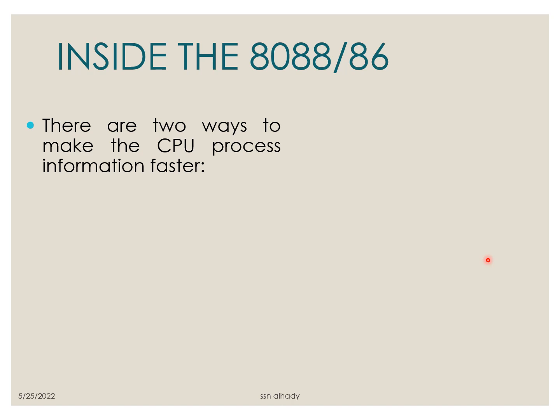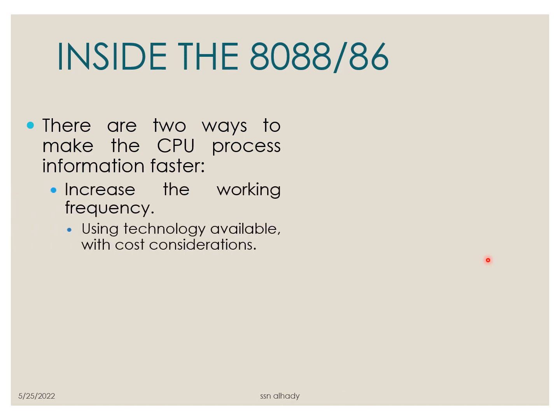If you look nowadays, each year the manufacturers can come out with a better performance than the previous one. So how do they make it better? Okay, there are two ways. The first one is to increase the working frequency.